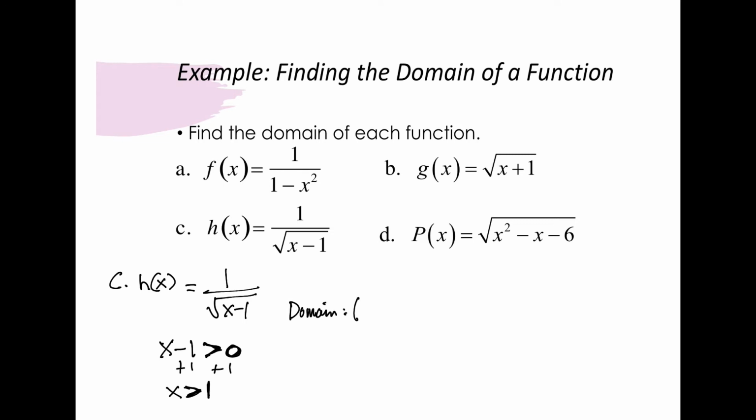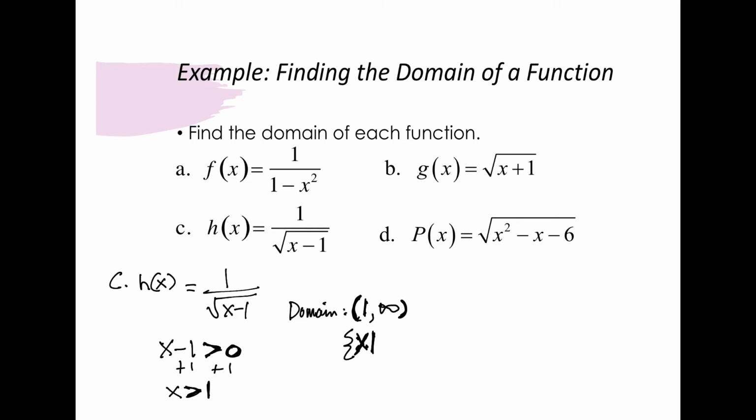Putting this into interval notation, we would say that we're going from 1, not including 1, right, because it's not equal to 1. So going from 1, not including it, use a parenthesis all the way up to infinity. So that's interval notation.